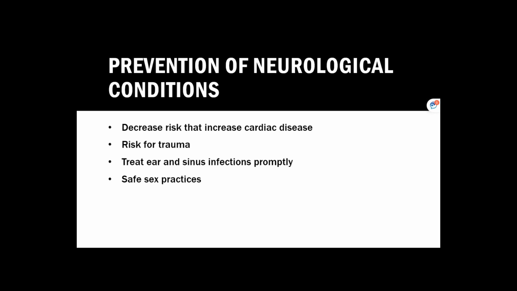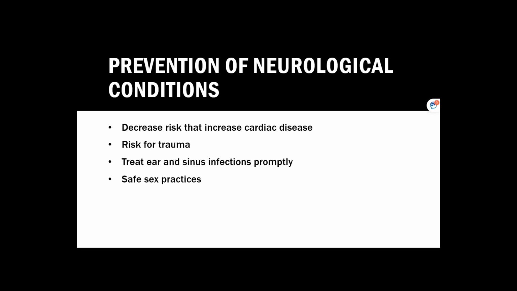So we do want to try to decrease the risks that increase cardiac disease. For example, controlling hypertension, controlling high cholesterol levels. We know that right there, we can change our diet, for example, and that could help with both of those. Exercise. Cigarette smoking would be another thing we would want to decrease, because that also decreases the chances of lung cancer, which might metastasize to the brain.